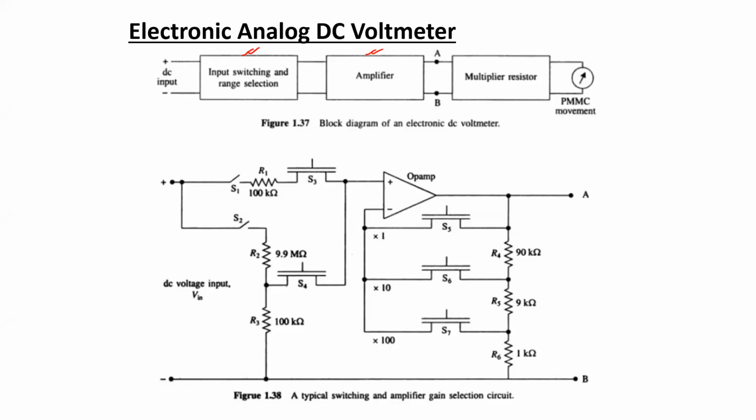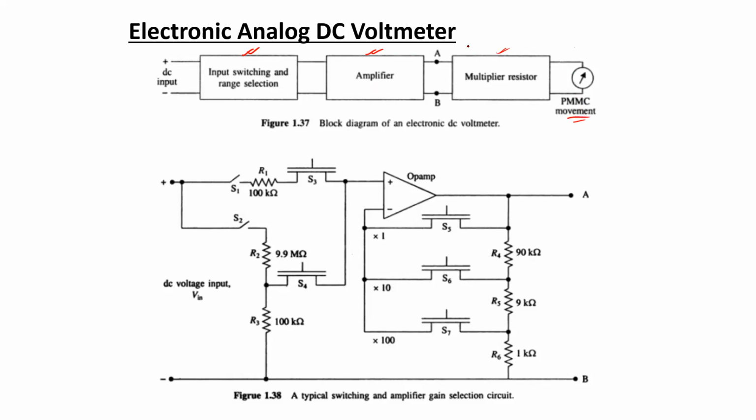And for those input range selection and amplifier circuits, electronic components are used, and later on that is associated with the basic construction of DC voltmeters that has been already discussed in the previous lecture in terms of a multiplier resistor and the PMMC movement mechanism.